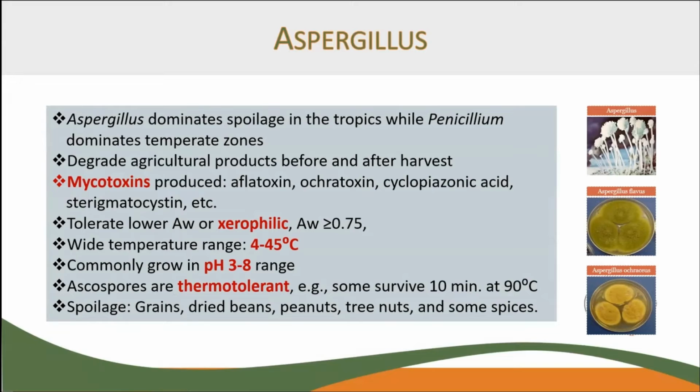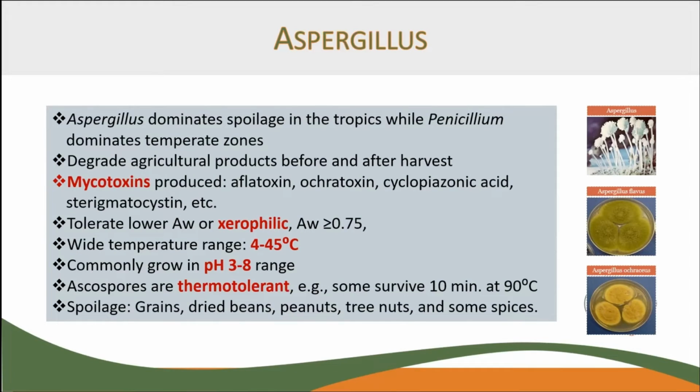Aspergillus is both humans' enemy and friend. The friend part is they are used in the biotechnology industry to produce enzymes and a lot of other functions. But the enemy part is they cause spoilage and also produce mycotoxin. They can easily degrade agricultural products before and after harvest.